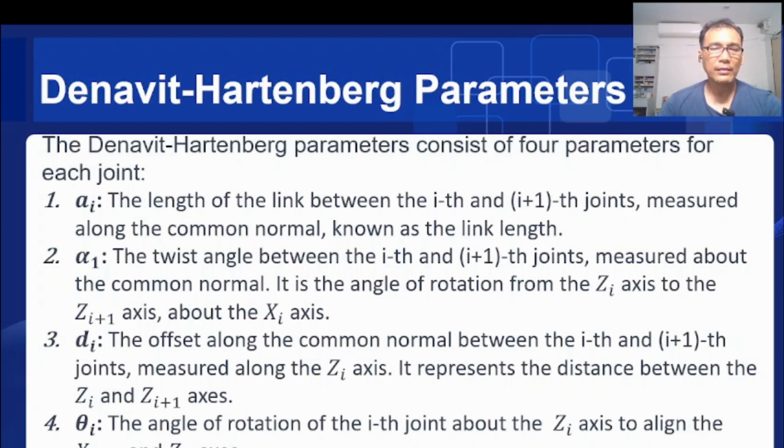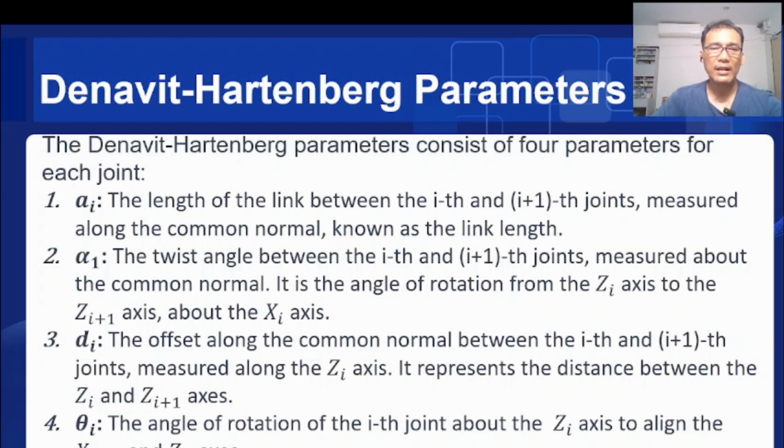And the third parameter is d_i. This is the offset along the common normal between the i-th and (i+1)-th joints. So it is measured along the z-axis. Here it represents the distance between the Z_i and Z_(i+1) axis.